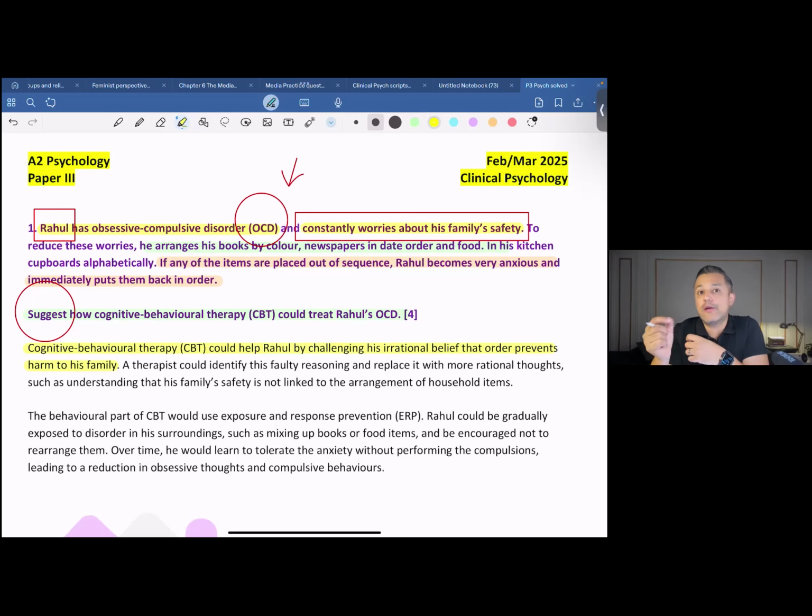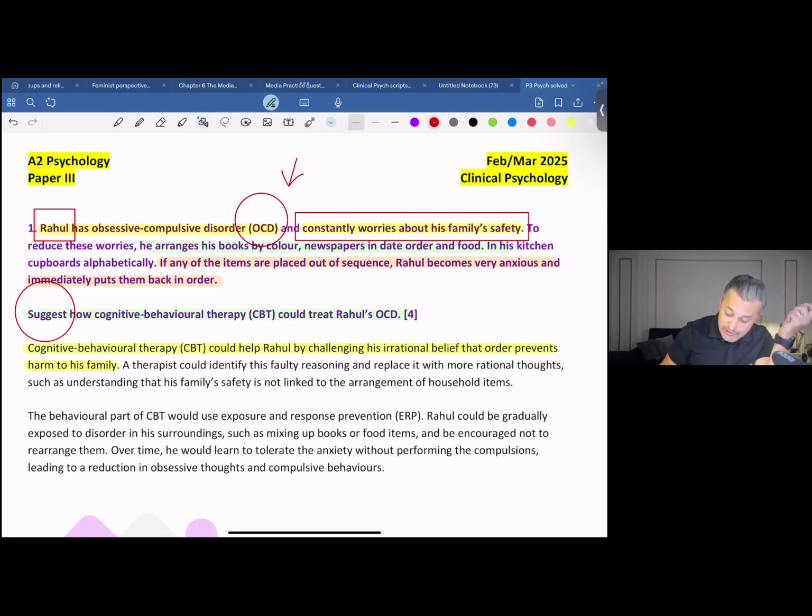Those irrational thoughts would be identified, and then challenged with the help of a therapist, right? So the idea is to change an individual's irrational cognitions or thoughts, and the behavior would change. Cognitive behavioral therapy could help Rahul by challenging his irrational beliefs.